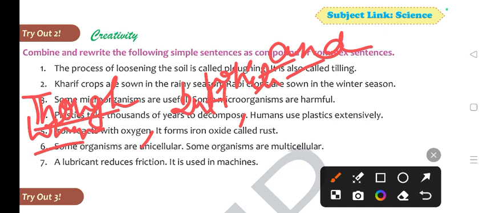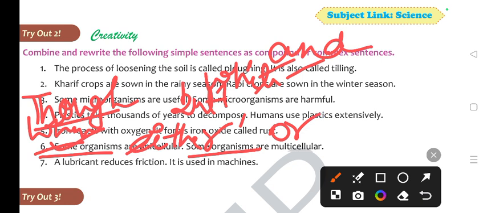Organisms are unicellular, either यहाँ पे लगाएंगे क्योंकि हमें दो वाक्यों को जोड़ना है. ठीक है. Some organism is repeated, so you can write some organisms are either unicellular, और इसके बाद क्या करेंगे, unicellular organism और multicellular. Some organisms are either unicellular और multicellular. Understood? ये some और organism दोनों हटा देंगे.